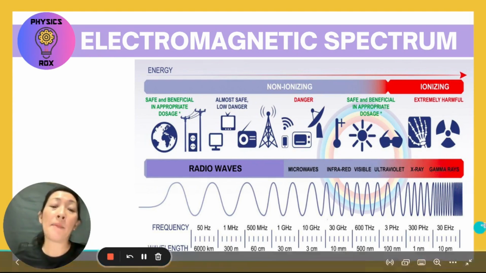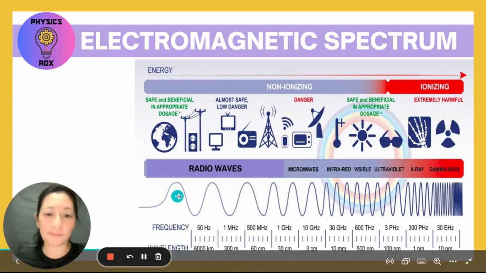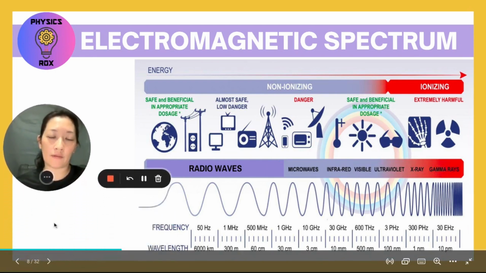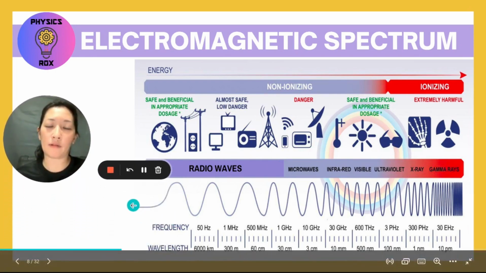Let's look at the numbers at the bottom first. You can see here we've got frequency and wavelength. I'm just going to move this out of the way so that the numbers are more visible. As we start from radio wave and move across to gamma rays, the frequency is increasing. It starts from 50 hertz, moving up to 1 megahertz, and so on.